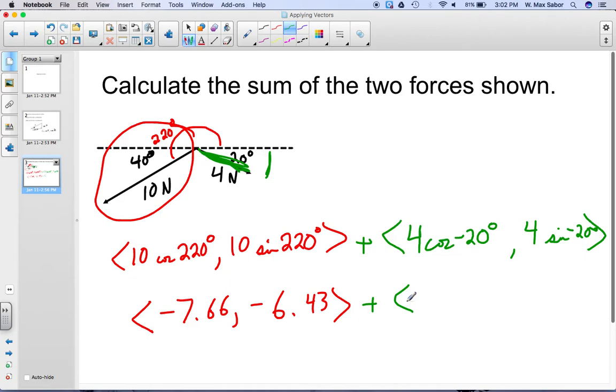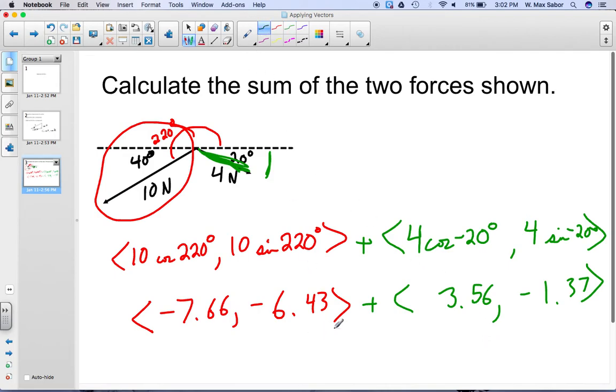Cosine of negative 20 times 4 gives me 3.56. And sine of negative 20 times 4 gives me approximately negative 1.37.